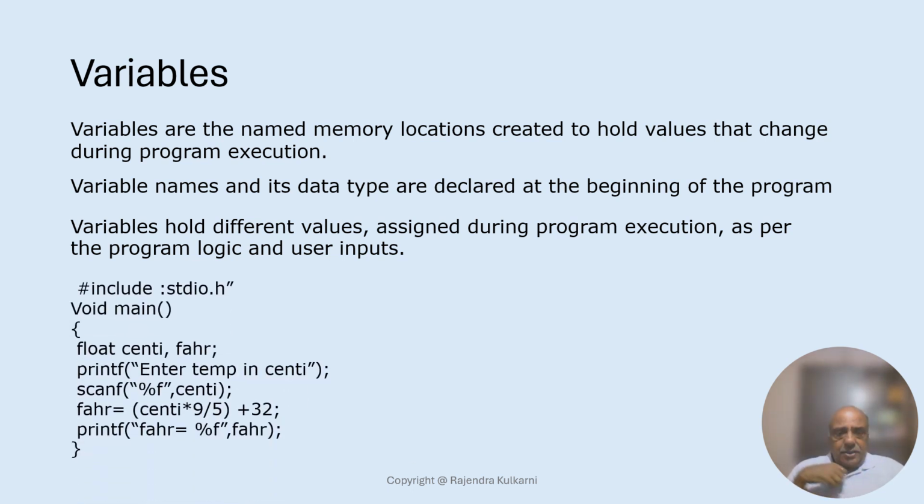Now let us see a small program. It converts temperature entered in centigrade into the Fahrenheit scale. So again, hash include stdio.h. Sorry, there is a mistake here. Instead of this colon, it should be a quote.